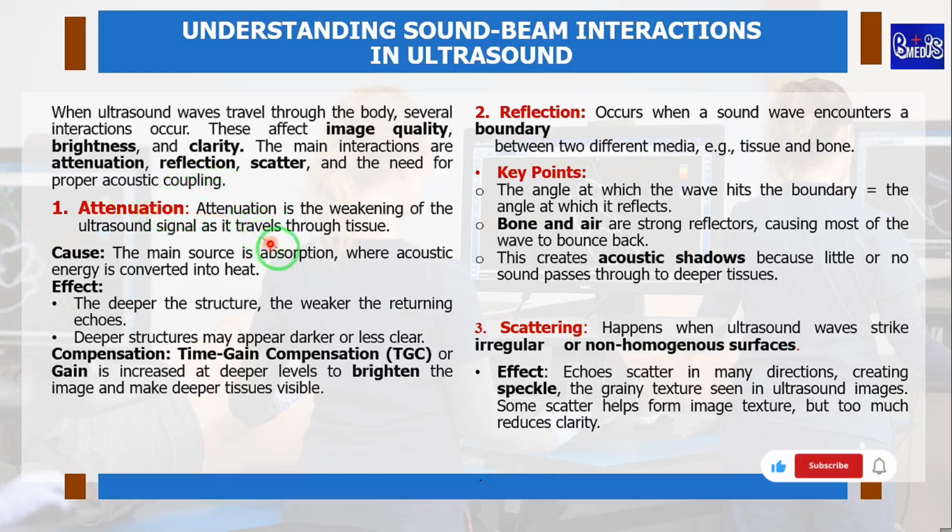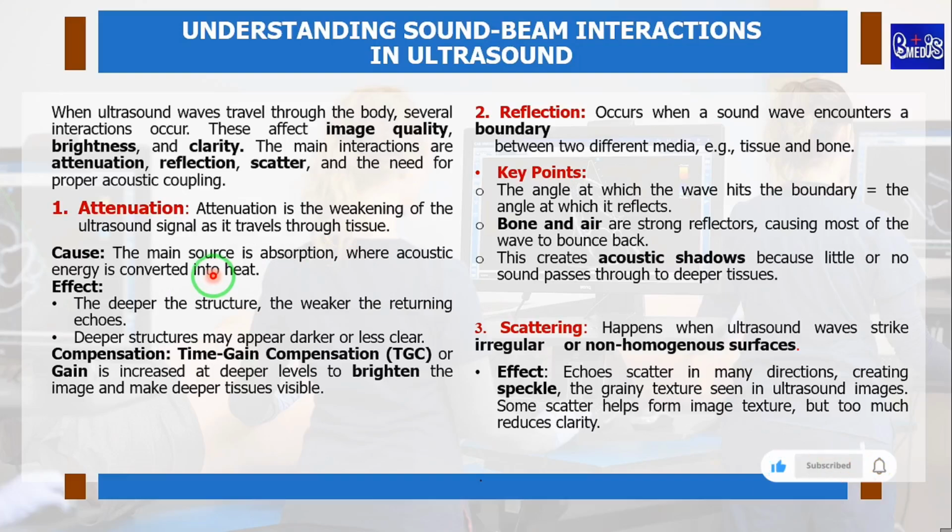Attenuation is the weakening of the ultrasound signal as it travels through tissue. Causes of attenuation include absorption, which is the main source. When organs absorb ultrasound energy, it causes attenuation, a reduction of the energy of the sound waves, where acoustic energy is converted into heat.